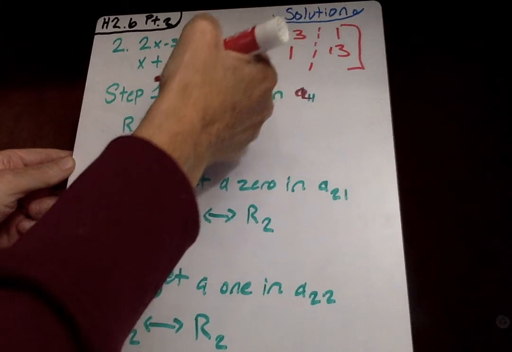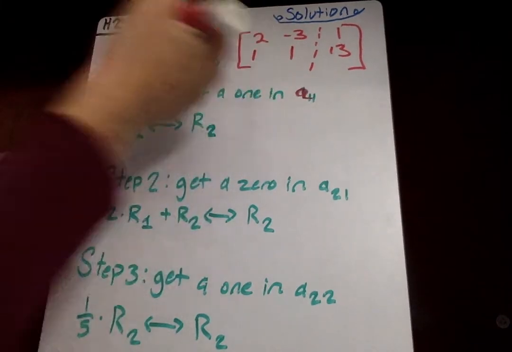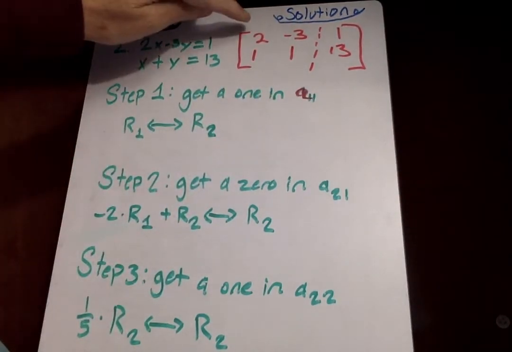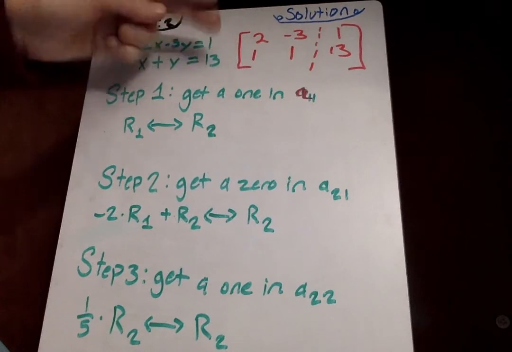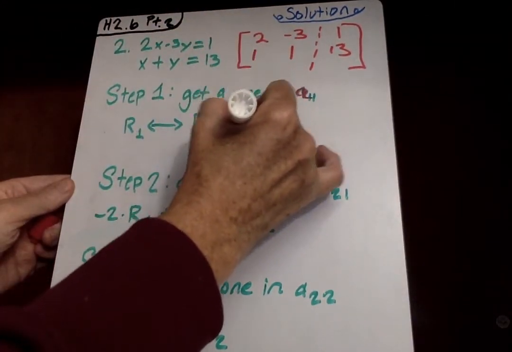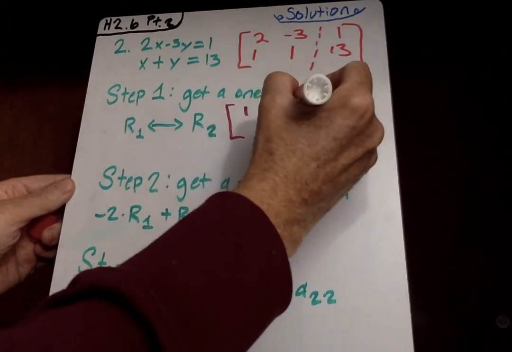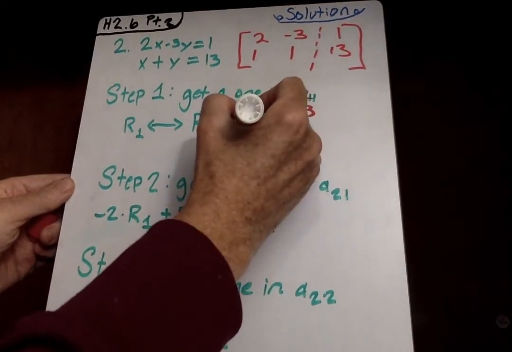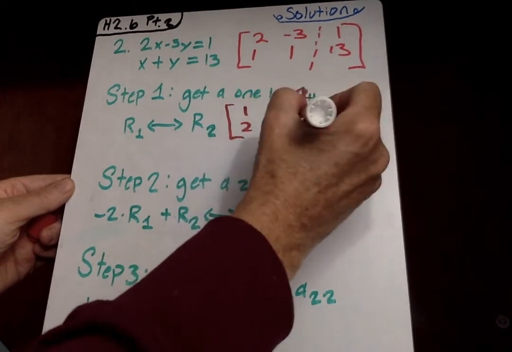So we need this one. What we're going to do is this 2 needs to be a 1. So we're going to flip-flop. And it's okay to switch row 1 and row 2. So our new matrix is 1, 1, 13, and 2, -3, 1.